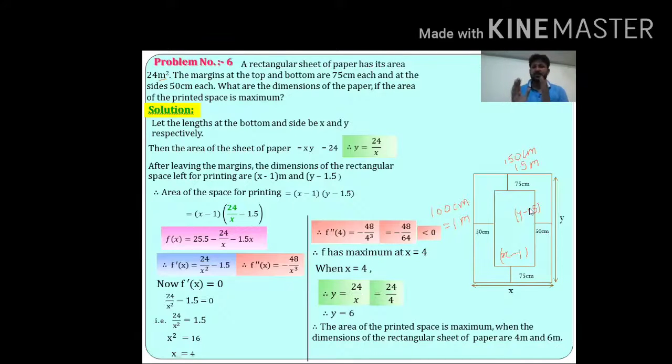First check the question properly: have you been asked for the dimensions of the paper or the dimensions of the printed space? So the problem can be asked in two different ways. So in this session, we discussed numericals related to maxima and minima.